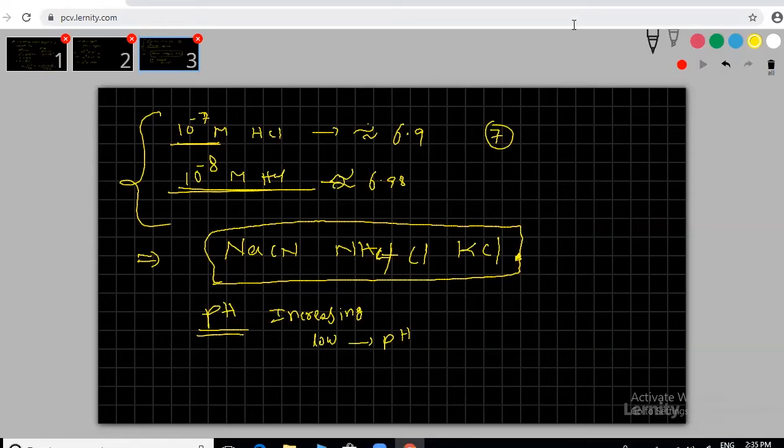No negative marks. Just looking. Okay, sir will give the answer, then we can note down. Order same and reverse. Okay, fine. Any other answers? NaCN, KCl, NH4Cl. Yes, Tejeshwar. Yes, correct, sir.